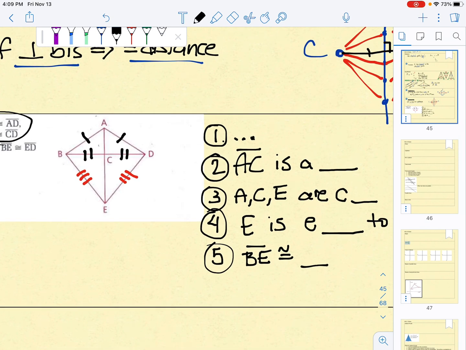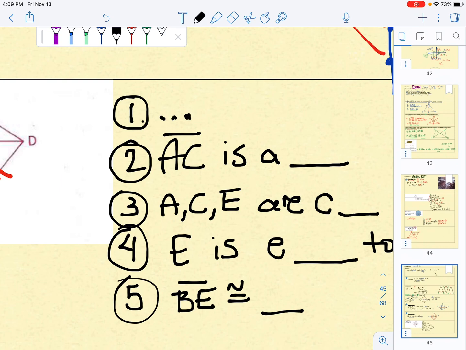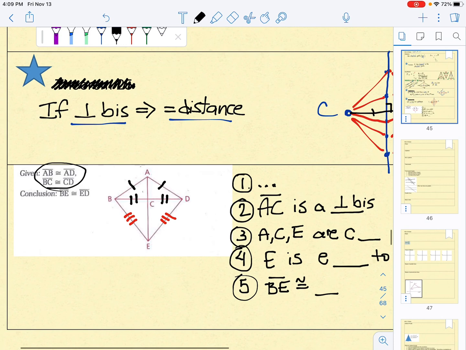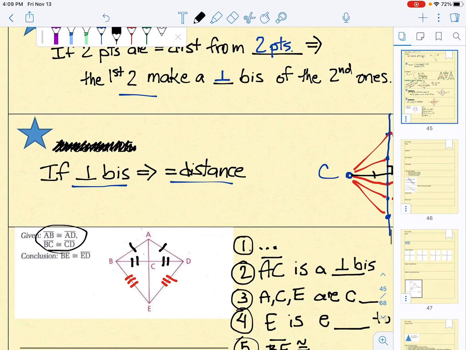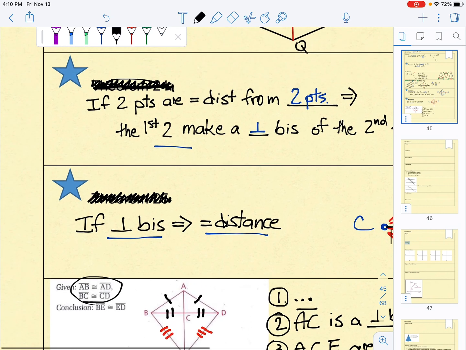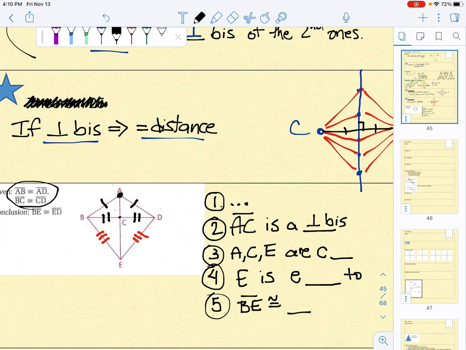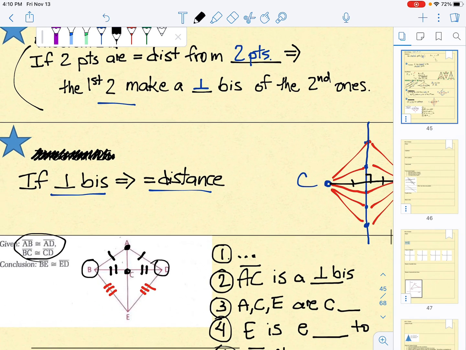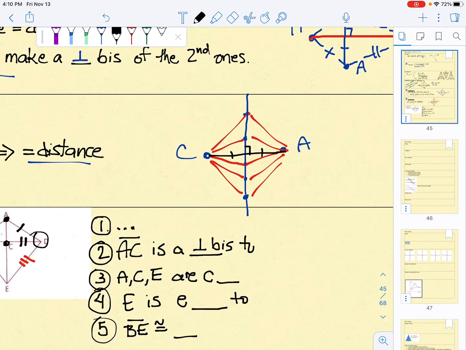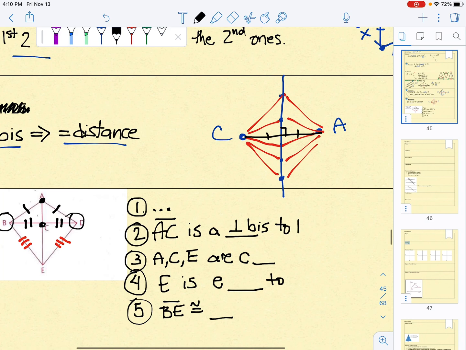AC is a perpendicular bisector. Now, how do I know that this is a perpendicular bisector? Well, that's just because of this last theorem. If 2 points are equal distance from 2 points, so notice A and C are both equal distance from B and D. Therefore, AC is a perpendicular bisector of BD.